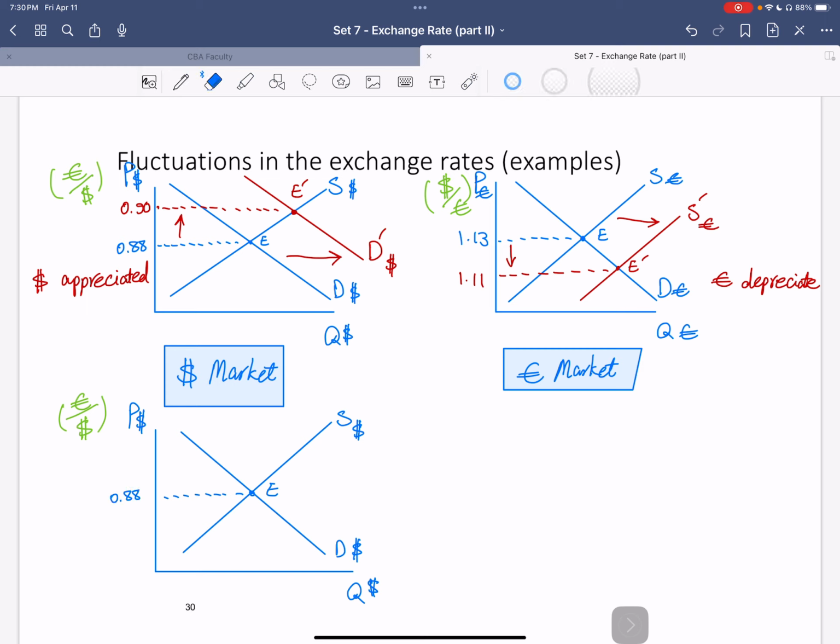Could be any number, so I'm not writing this here. You can find it online for the most recent amounts. And we have the market for euro.